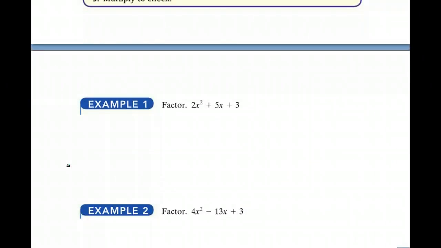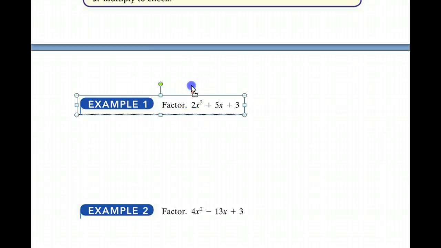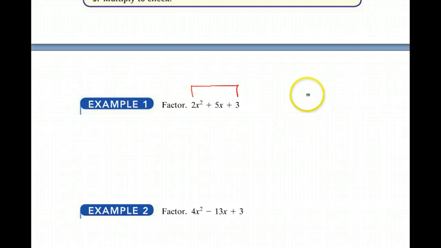In example 1, you'll see that the leading coefficient is 2 for our x squared term. This means that we cannot simply use the C method, and we must use what I call the AC method. That's going to require us to multiply the numbers that are in the position of A and C. So we're going to multiply the 2 and the positive 3.